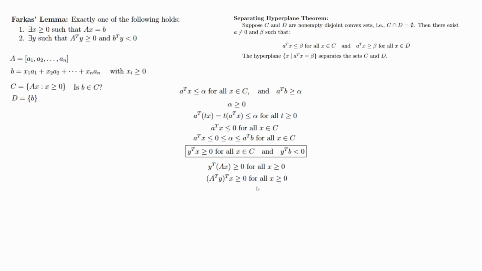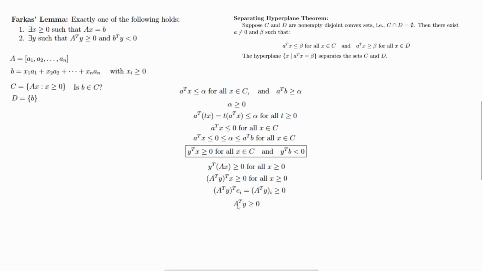And for this to hold for all x greater than or equal to 0, we should test it with x being the ith standard basis vector, e_i. So we have this inequality here, which is the ith row of A transpose y is greater than or equal to 0. Notice this must hold true for all i.